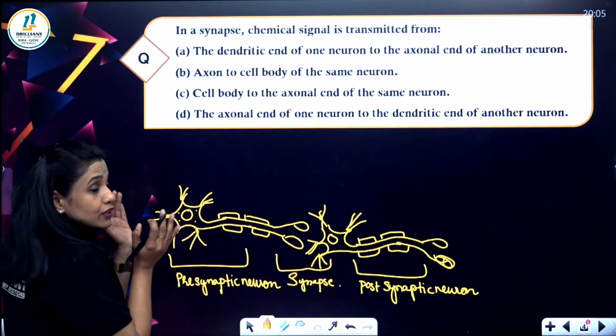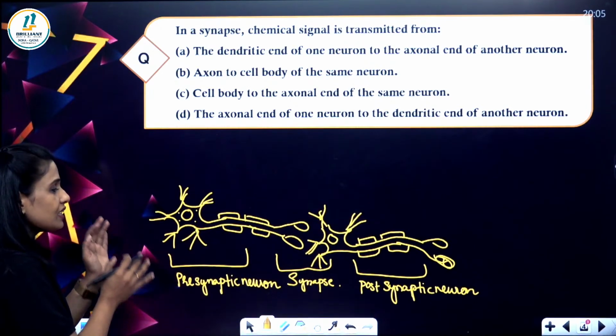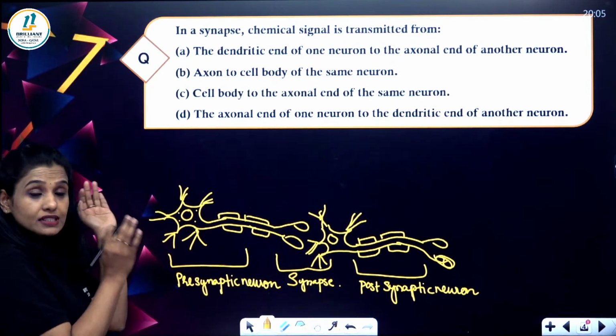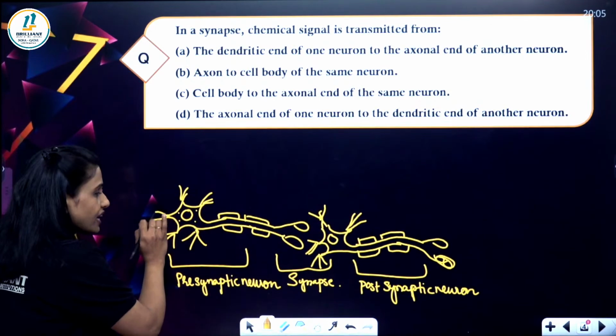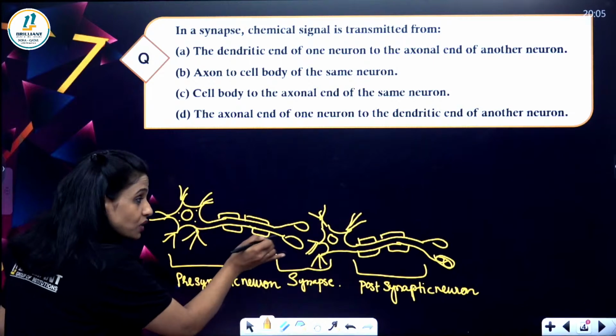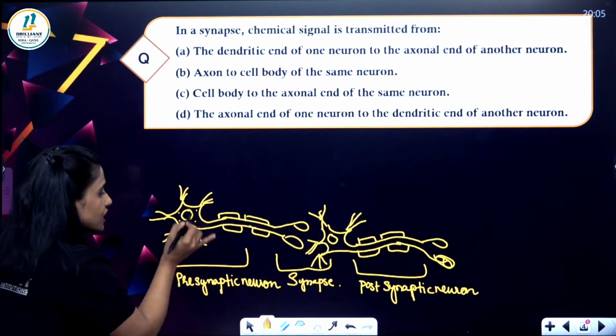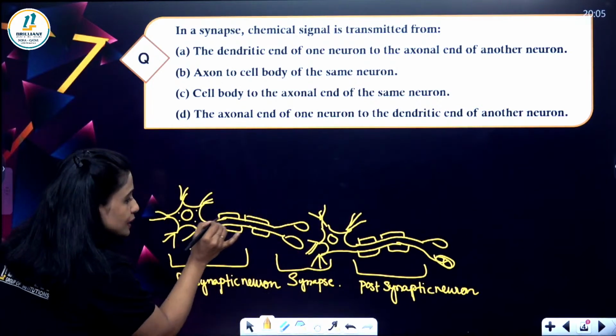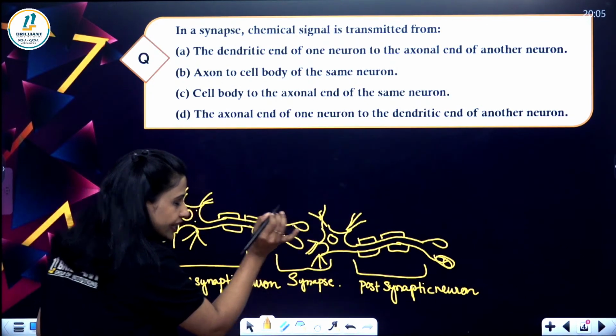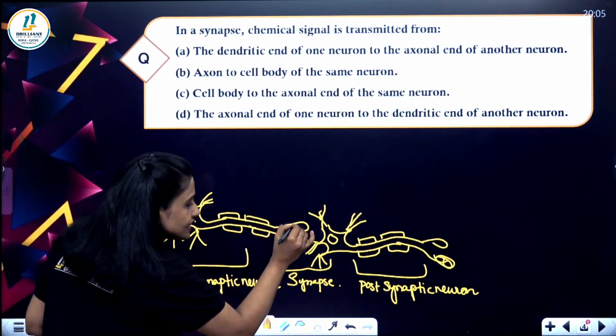In the first question we learned that the nerve impulse transmits in only one direction, from dendrite to cell body, axon to axon endings. Here you can see the axon endings. When the impulse reaches the axon endings, here you can see the synaptic knob.